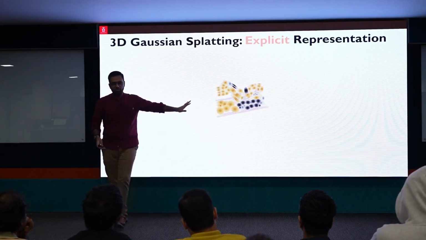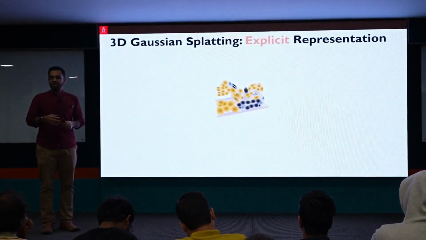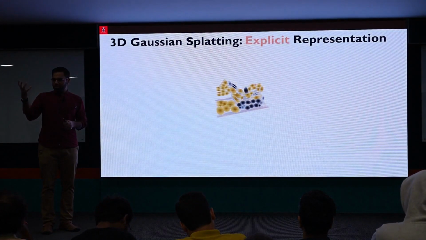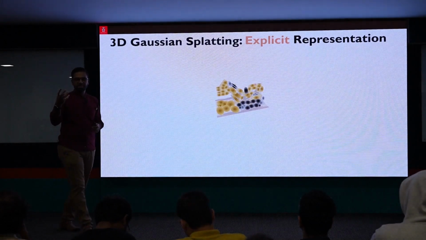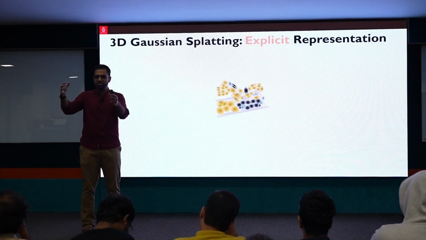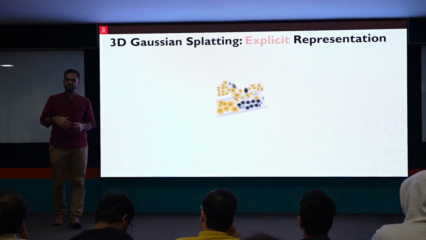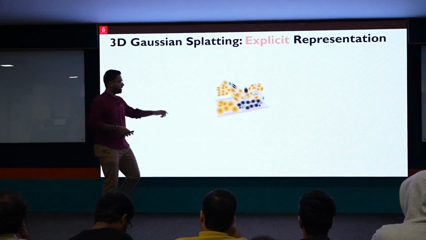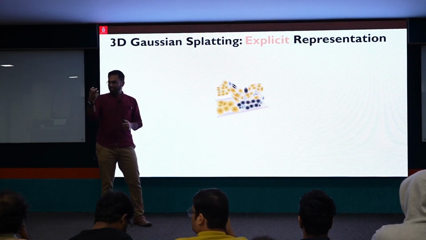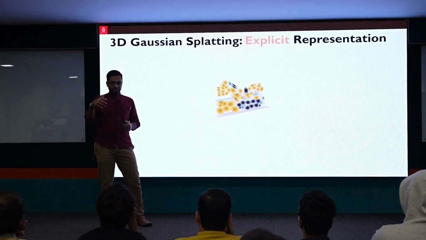So an intuitive way to think about this is you take the scene and take a lot of ellipsoids that have certain properties and put those ellipsoids in the scene. So the ellipsoids become proxies for modeling the scene. Okay, that's what we've done. And because we now have these ellipsoids that we are putting in different parts of the scene, this becomes an explicit representation.